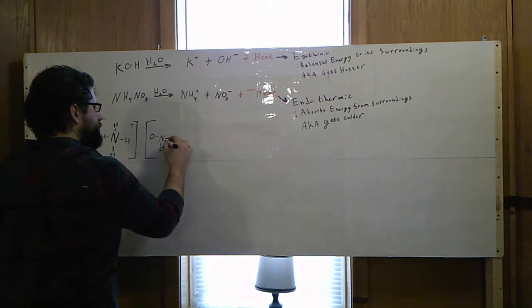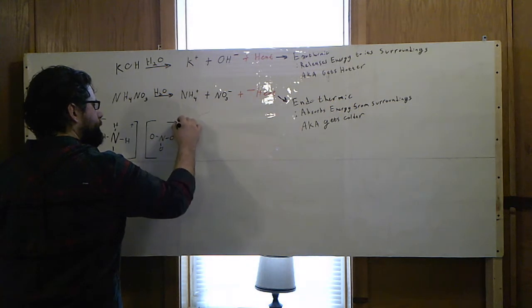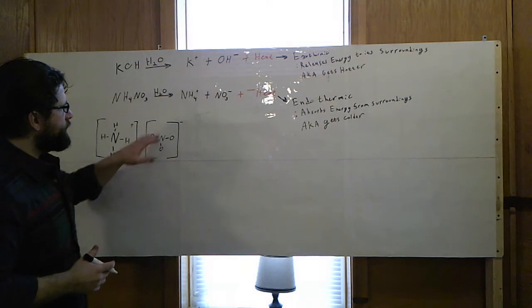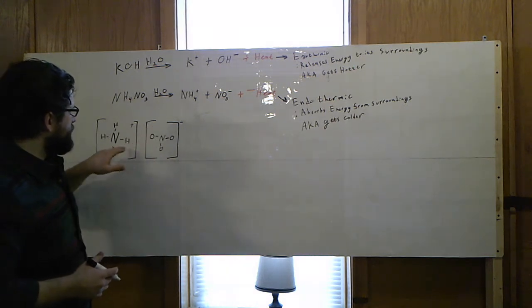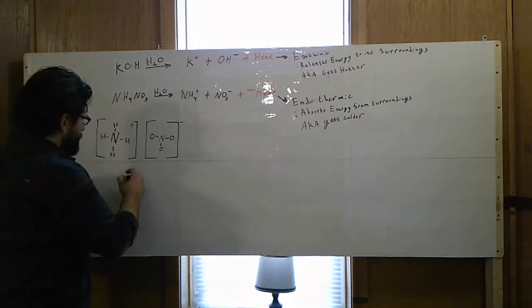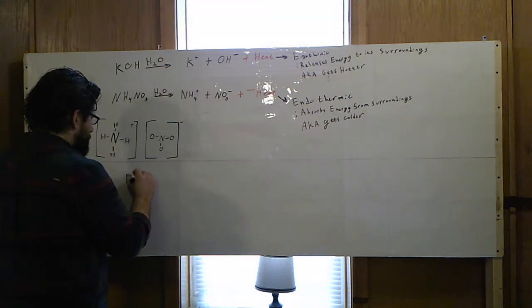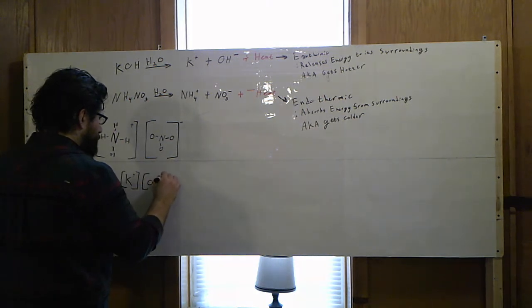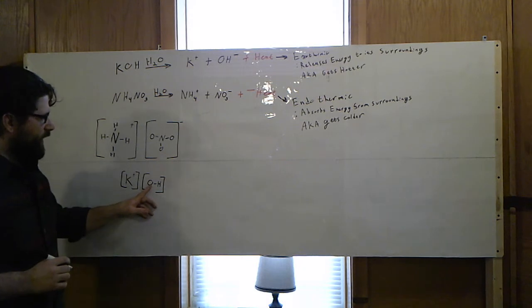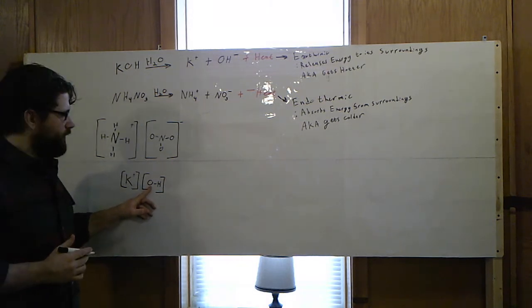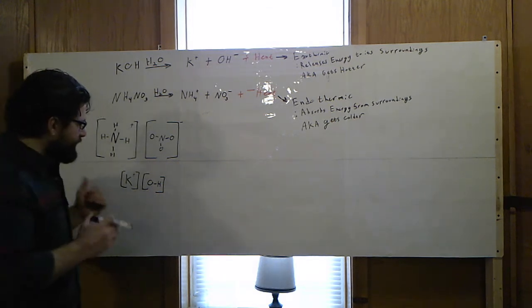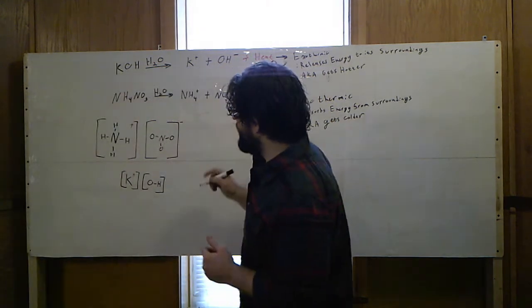Double bond in here somewhere. I don't remember where. NO3, just like this. This is much larger than just this guy. See that? I mean, oxygen's pretty heavy. And there's 3 of them here. There's only 1 of them here. So the difference in these weights is actually fairly significant.